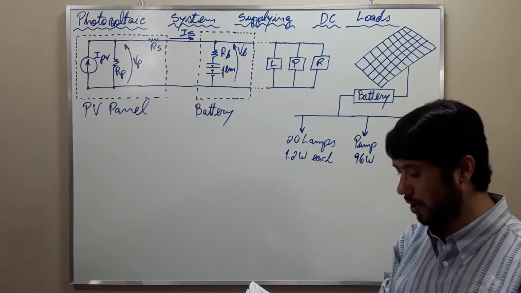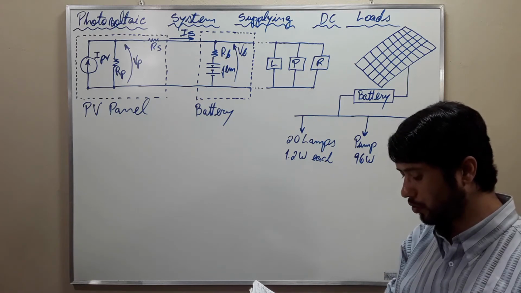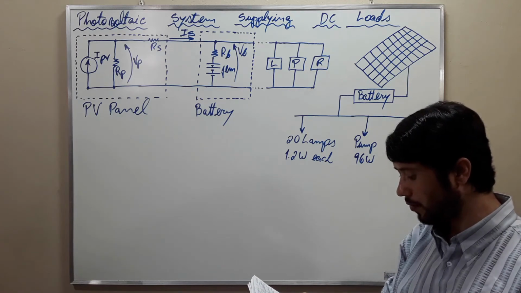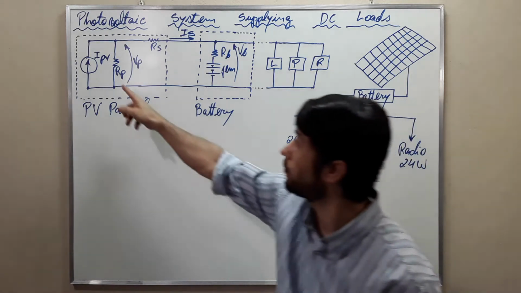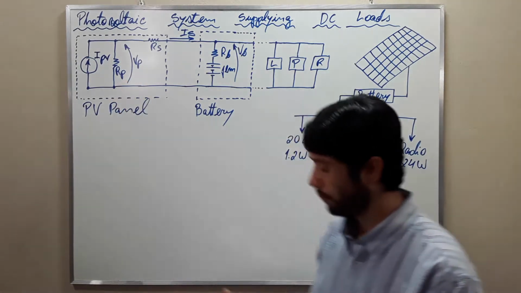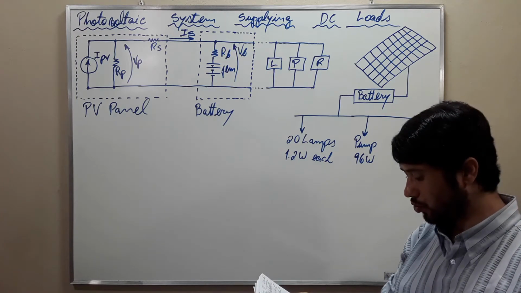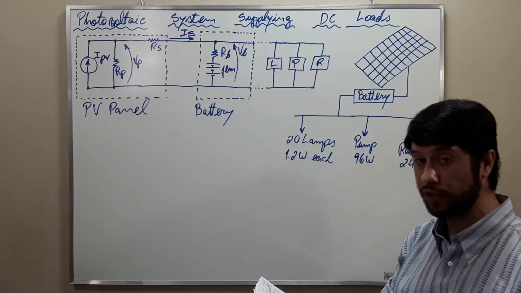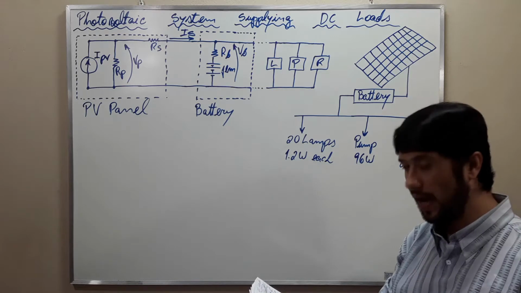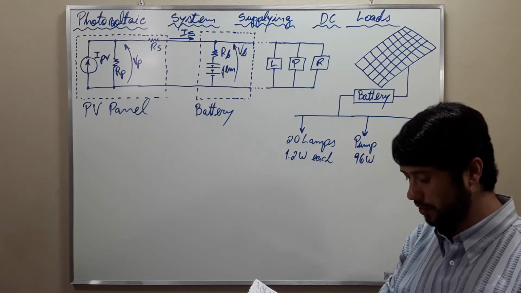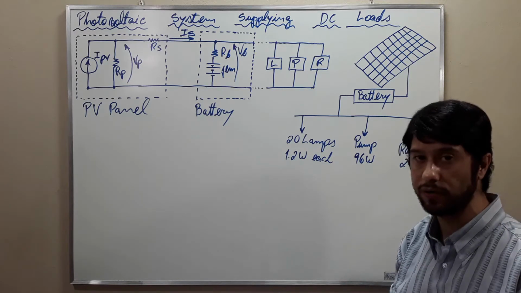Completing the panel model, it's possible to observe a parallel resistance Rp, which represents losses due to the reverse leakage current and eddy currents that circulate in all the cells.